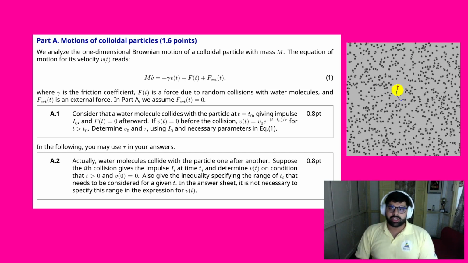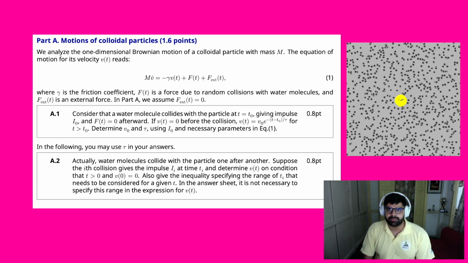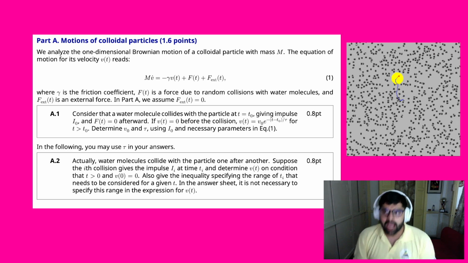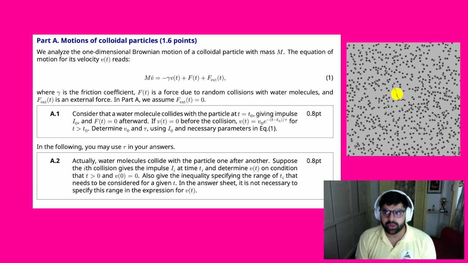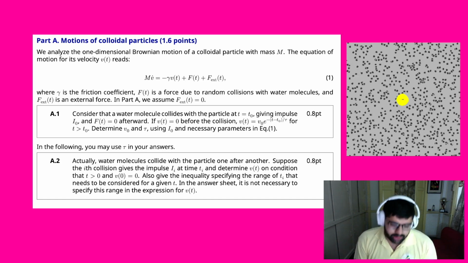So in this question, instead of just one impulse at time t0, we have an impulse I0 at time t0, I1 at time t1, I2 at time t2, and so on.